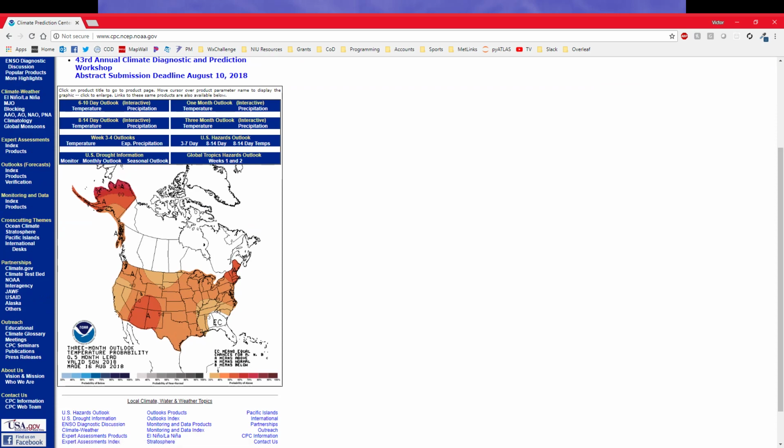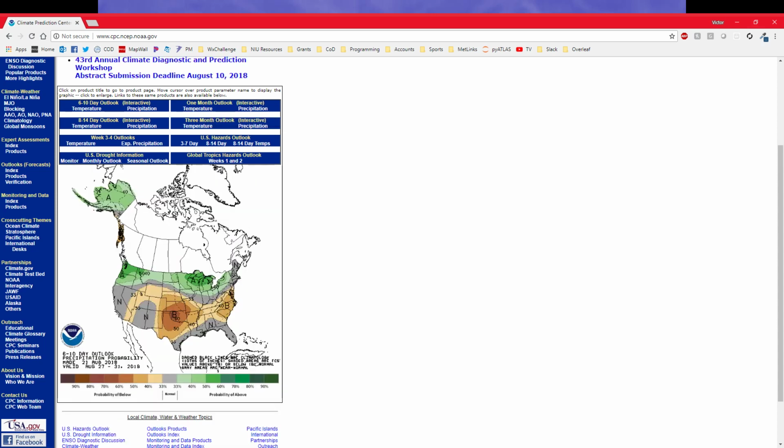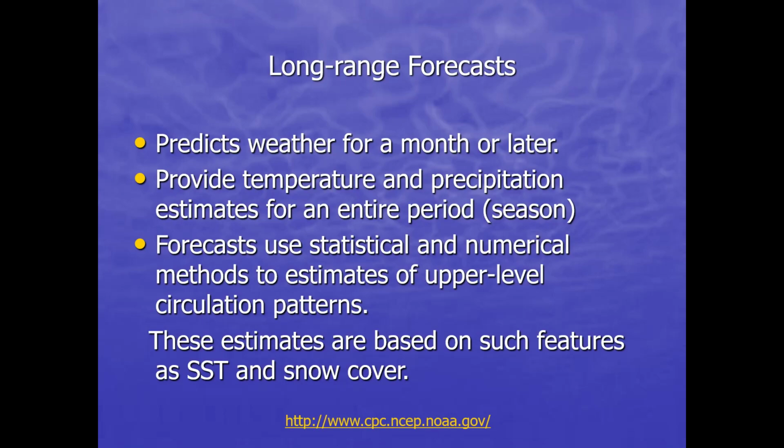These are basically not only dynamical forecasts from models, but they are using statistical analog methods as well. So they are, of course, not as skillful as your day 2 or 3 or 4 forecast, but you could imagine they are incredibly beneficial to sectors like energy, which are trying to figure out how much energy demand there might be, agriculture, right?